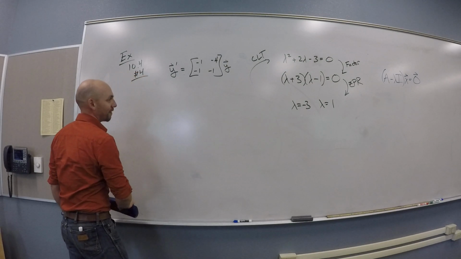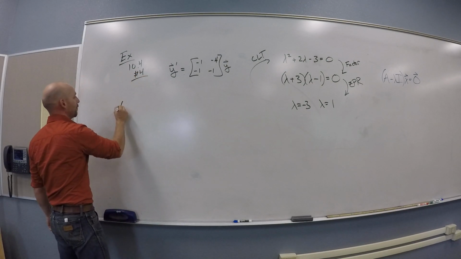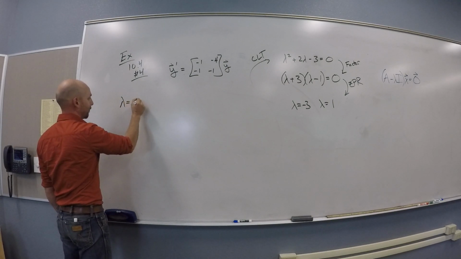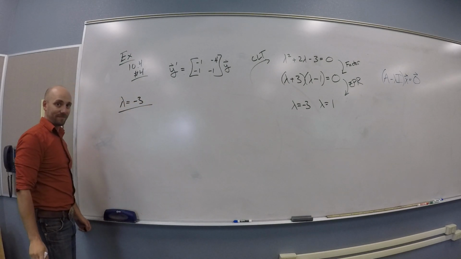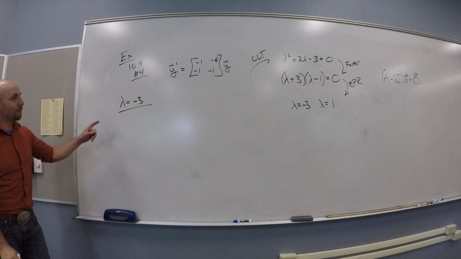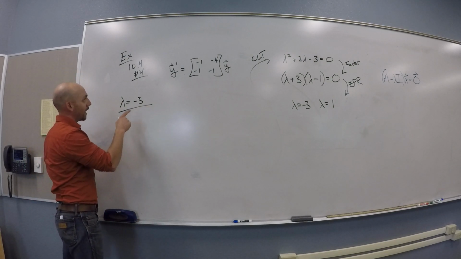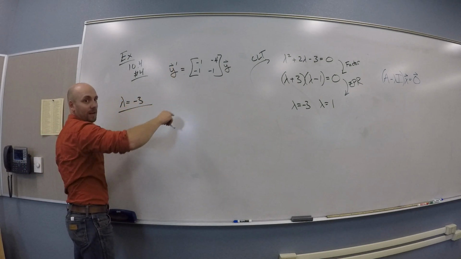So, for lambda, I'm going to pick the easy one first, minus 3. So for lambda is minus 3, I'm plugging in there, right? So I have my A, that's this thing, minus lambdas down the diagonal.